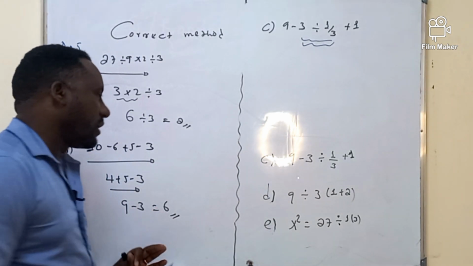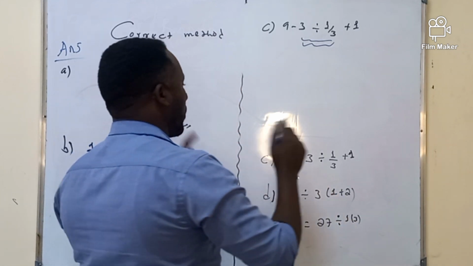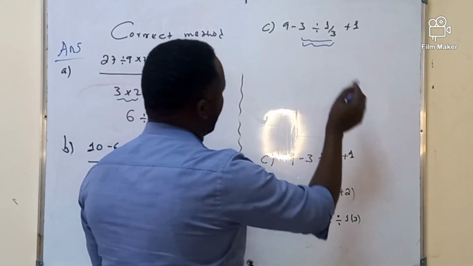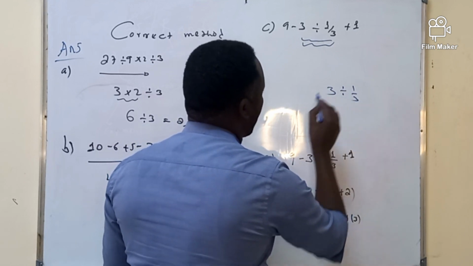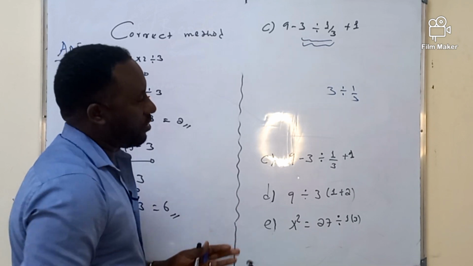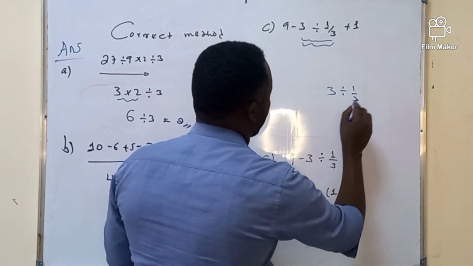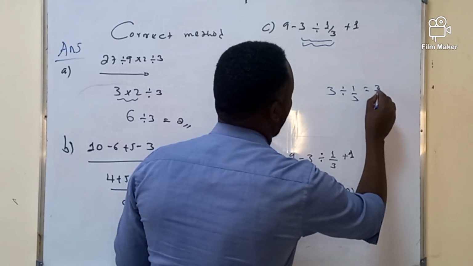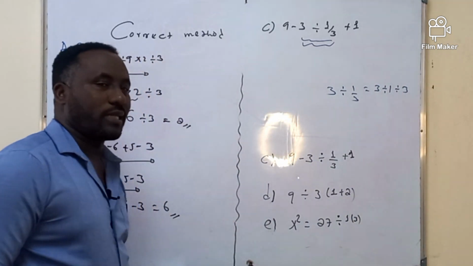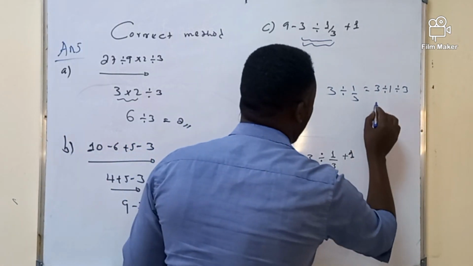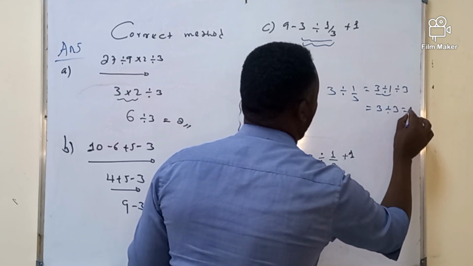Many people will understand it differently. Some may understand this as 3 divided by 1 divided by 3. So 3 divided by 1 is 3, and 3 divided by 3 is going to be 1.